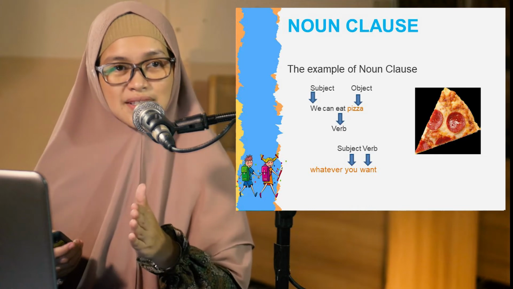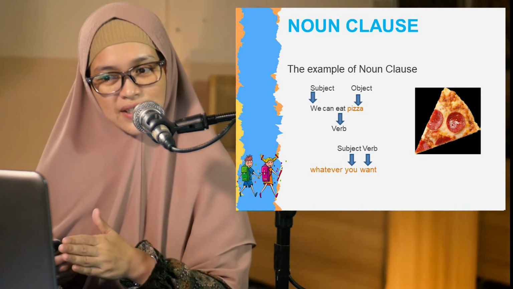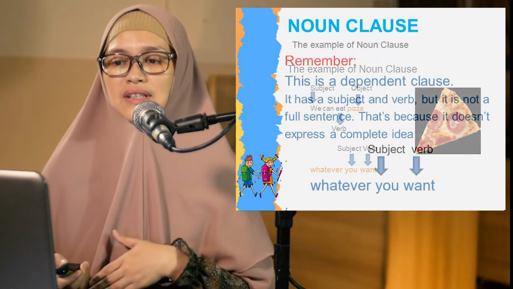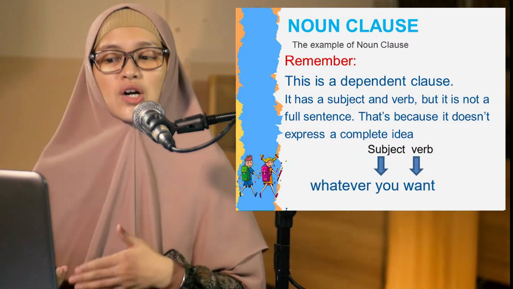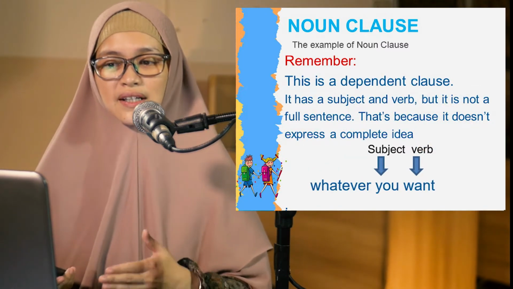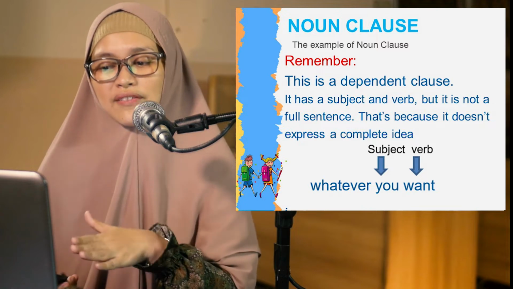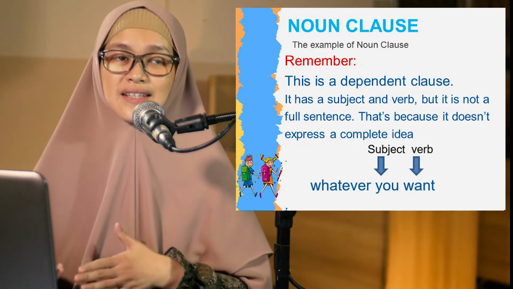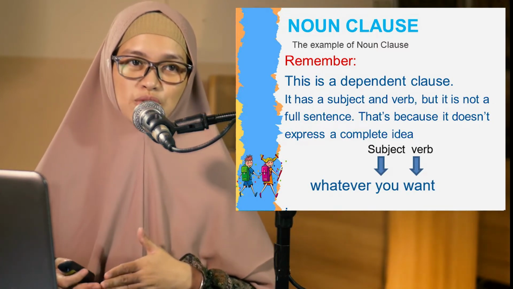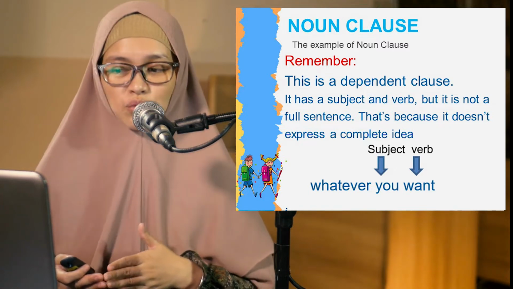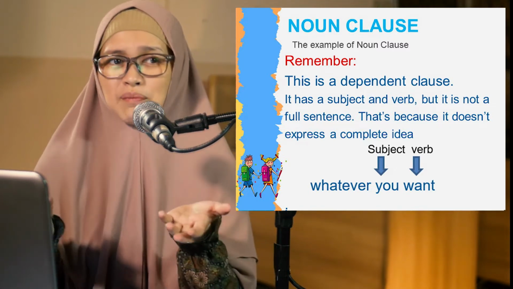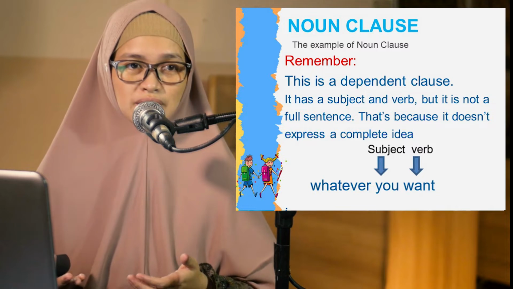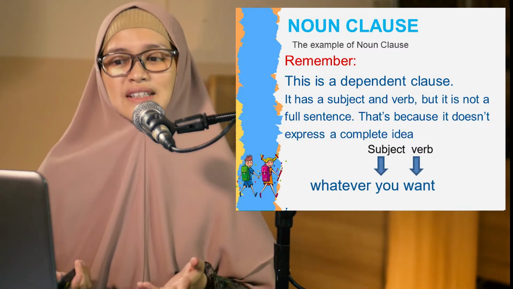Because we is a noun, pizza is also a noun, right? Okay. Now, whatever you want here, remember, this is a dependent clause, because we cannot understand "whatever you want." What do you mean by saying "whatever you want"? We don't understand that, right?